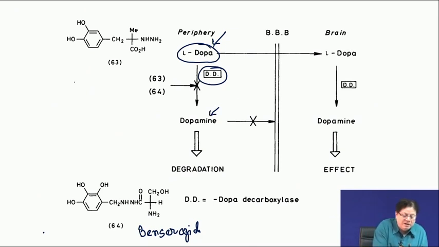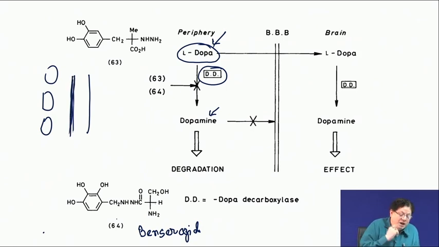Suppose this is the blood vessel and the neuronal cells are somewhere near here, and this is the peripheral region. L-DOPA goes in the bloodstream, and it is mostly decarboxylated into dopamine before it reaches the brain cells. So, if it is already converted to dopamine, the problem is dopamine cannot cross the blood brain barrier.